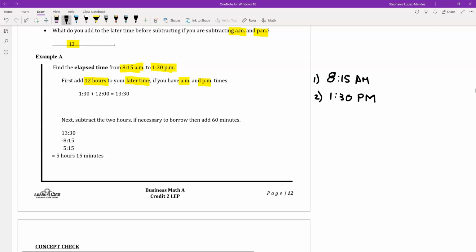That means that 1:30 is my later time. So I am going to add 12 hours to that later time. Remember to write it like that so it can be better for you, so you can understand where to add exactly. You don't want to add the 12 to the minutes, right? You want to add the 12 to the hours.